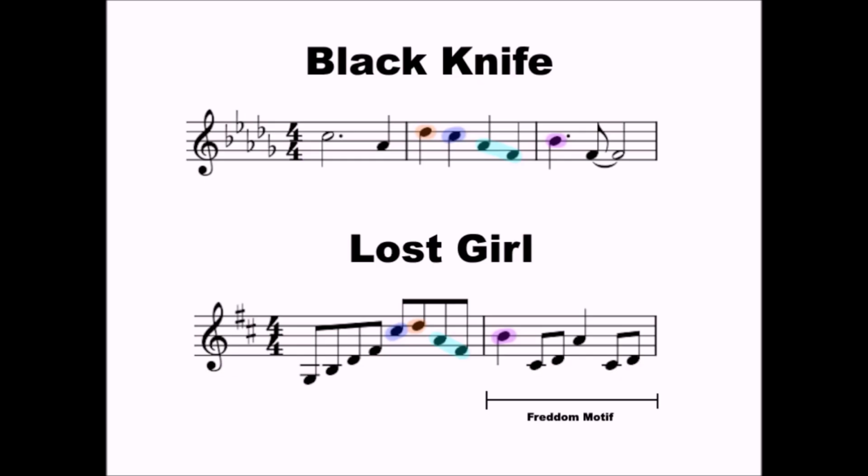So again, Black Knife has D, C, and Lost Girl has C, D. But C, A, F and C, A, F in Lost Girl are again the same notes, the same chord, in just a slightly different key, and they both end with this purple B at the end. They're even placed in the same spot in the music score, with the B being at the beginning of the next bar, which is again also kind of interesting. But yeah, I hope that this graphic helped people to even better visualize the point that I'm trying to make.